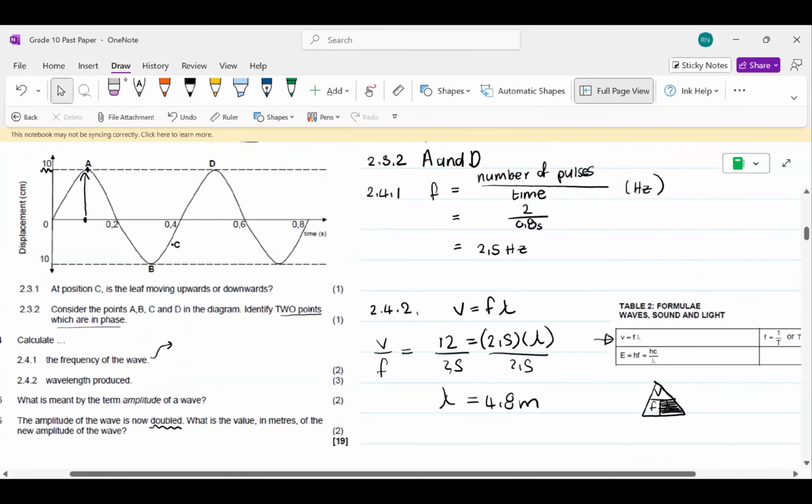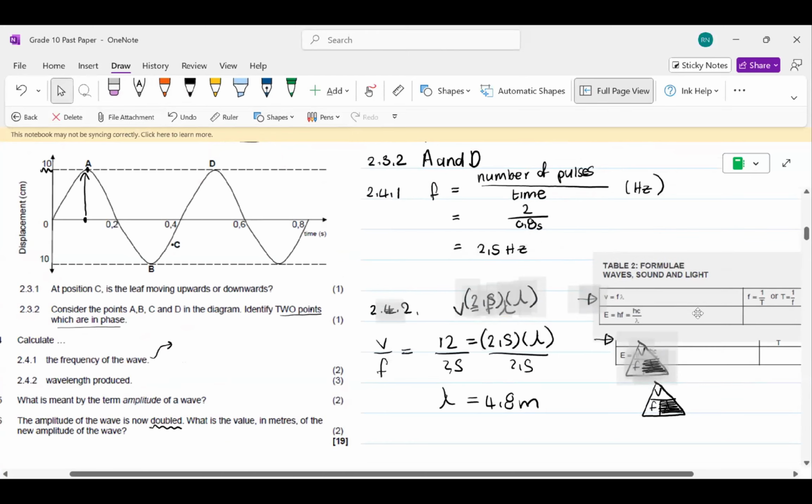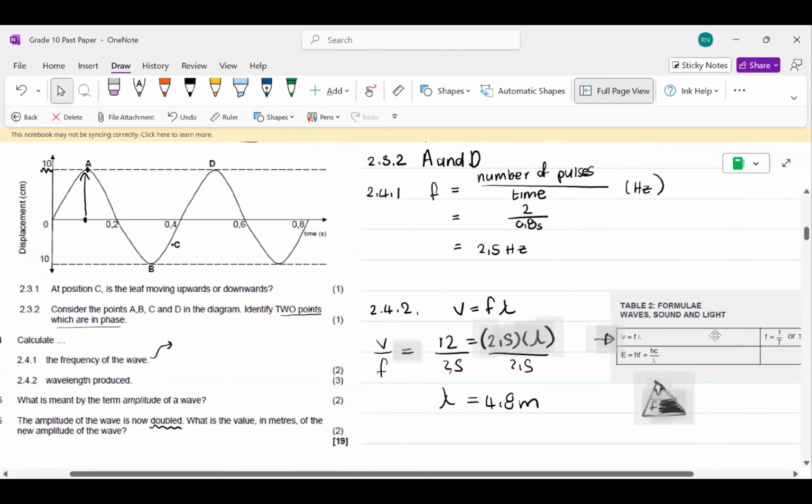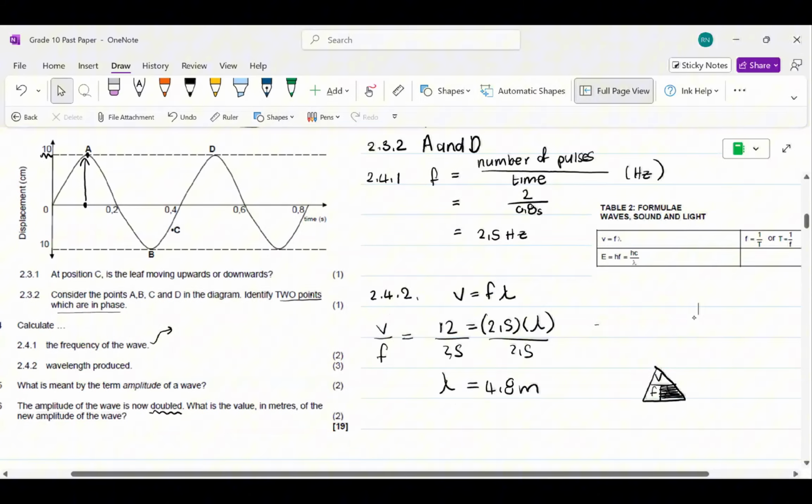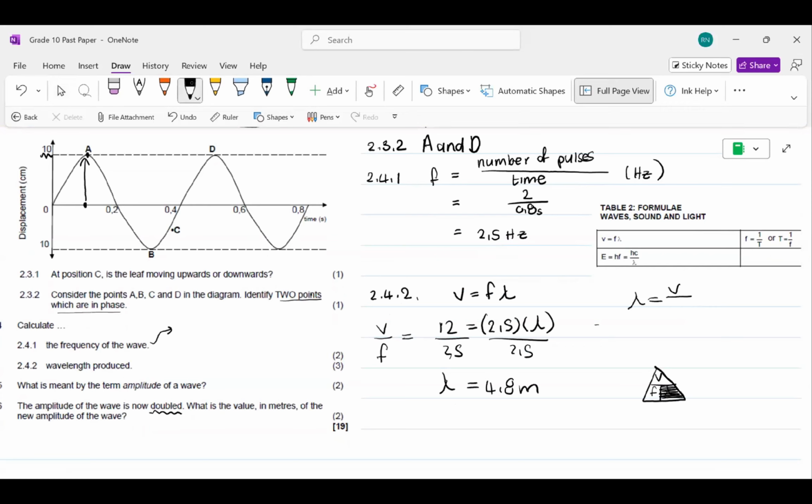So we can write it as wavelength is equal to the speed over the frequency, right?